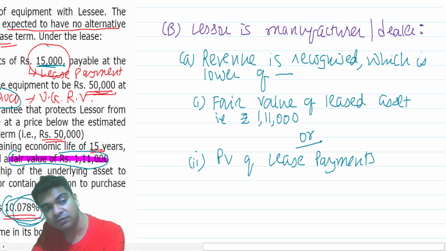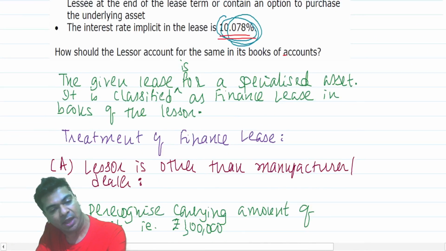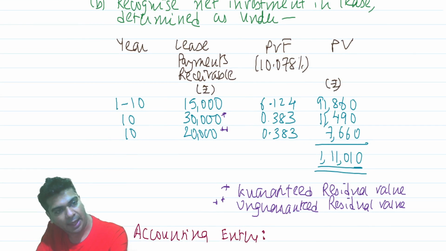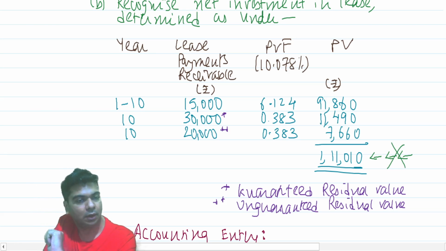Now you may argue that we have already done the calculation here, and present value of lease payments is 1,11,010, but that's wrong.